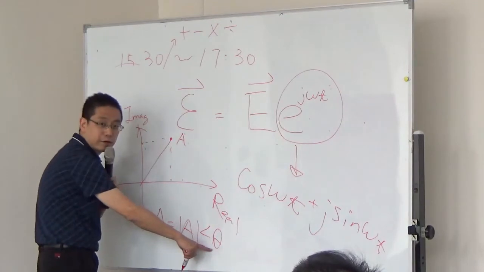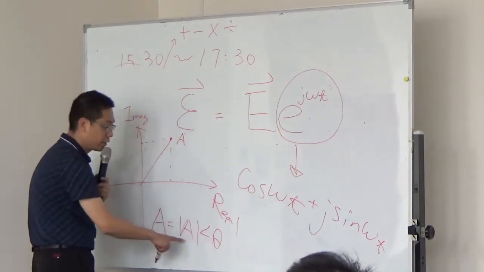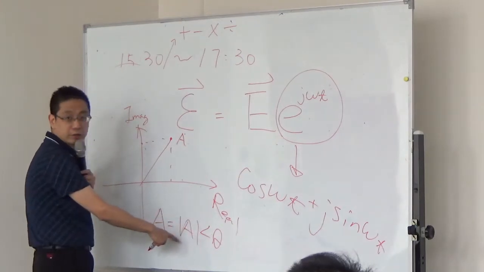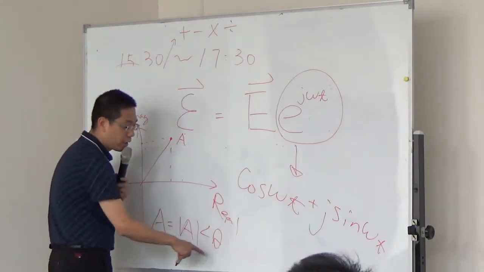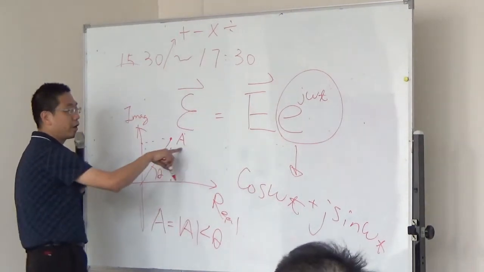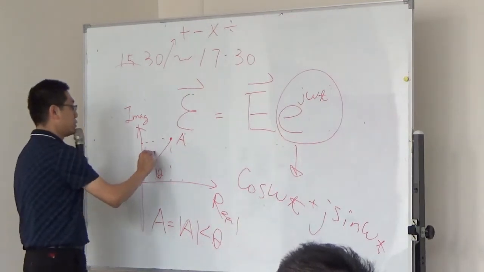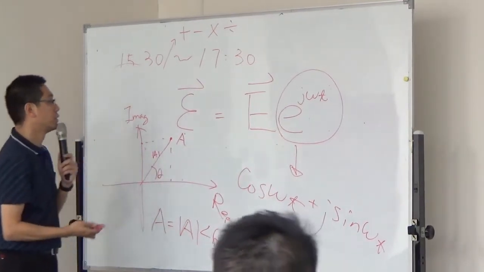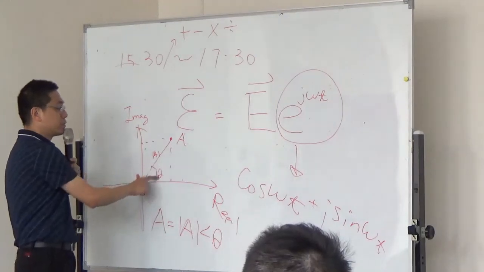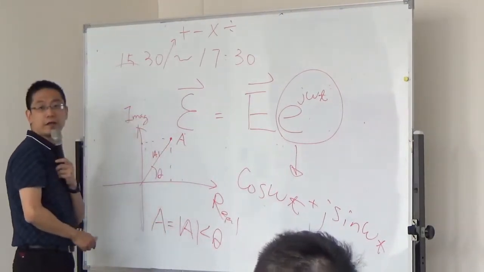This is a phase, so there is a theta, with the magnitude and angle. You can define where A is.